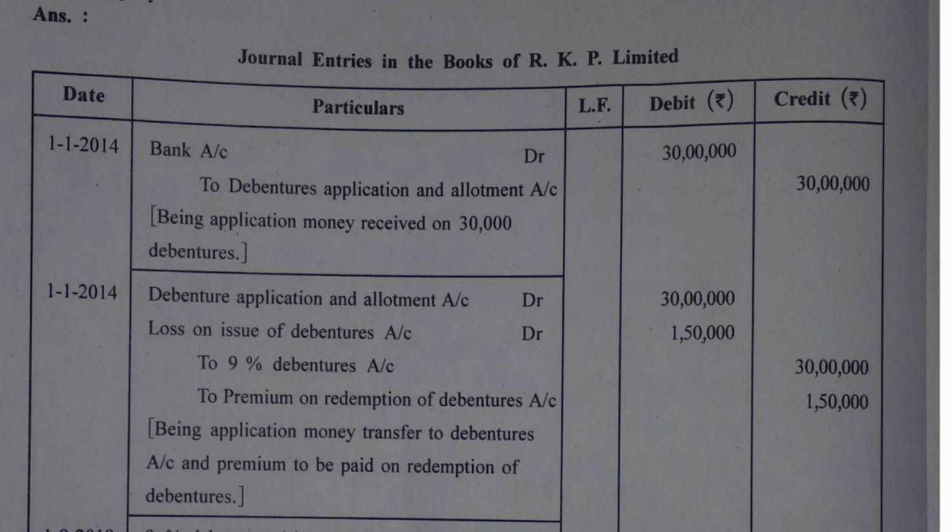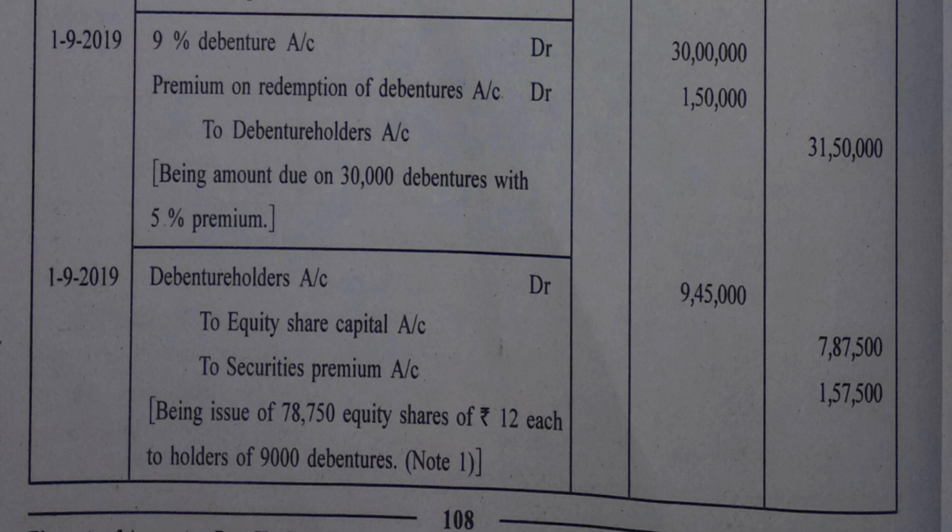There is no need of explaining this journal entry again and again, as I have previously explained this in the sums in previous lectures. So then, moving towards the next journal entry: 9% debenture account debit 30 lakh, premium on redemption of debentures account debit 1,50,000. 30 lakh of debenture and 1,50,000 of premium are to be given to whom?